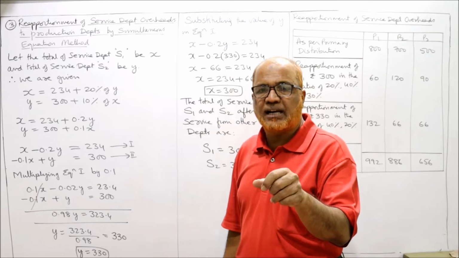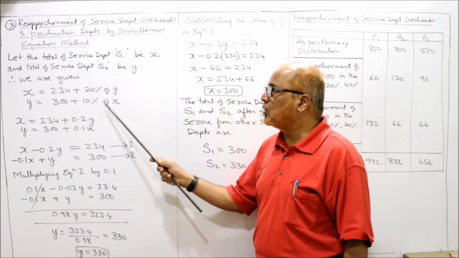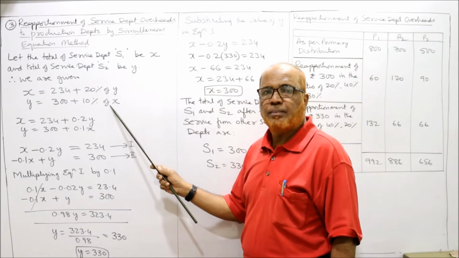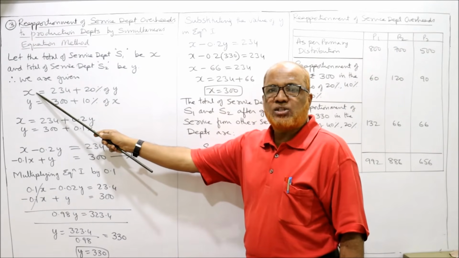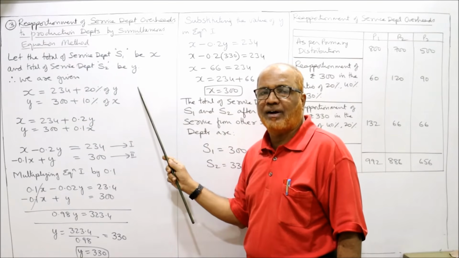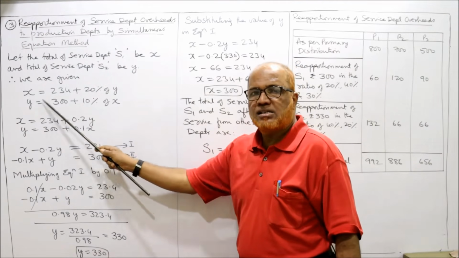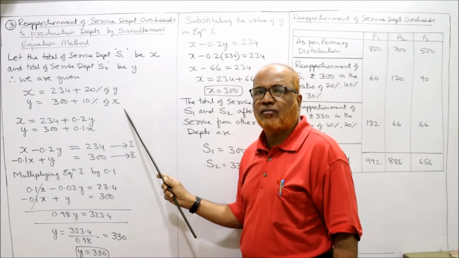What is the total of S1? X. So 10% of X. Simple. X is the total of S1. S1 का total 234 है plus 20% of Y. Y is the total of S2. And Y is equal to 300 plus 10% of X.